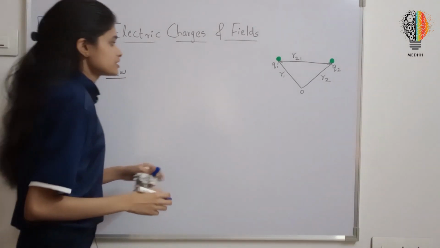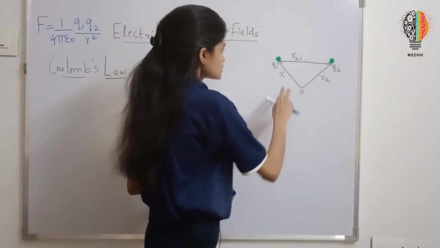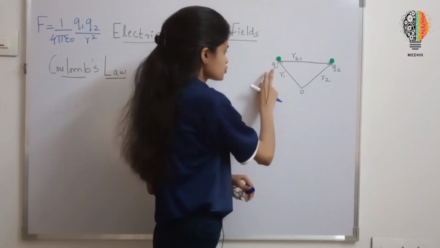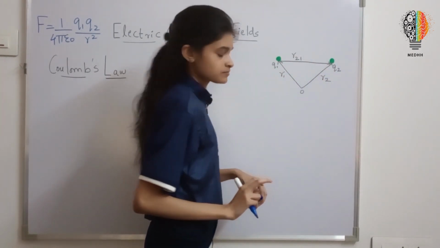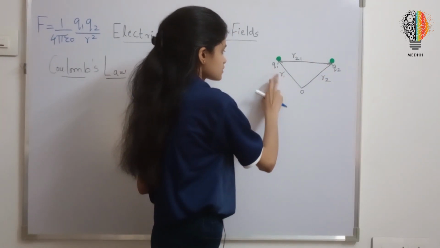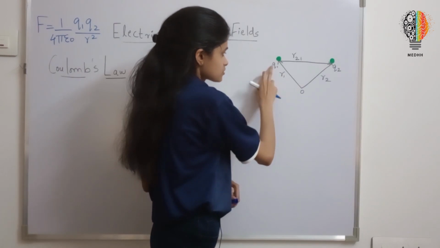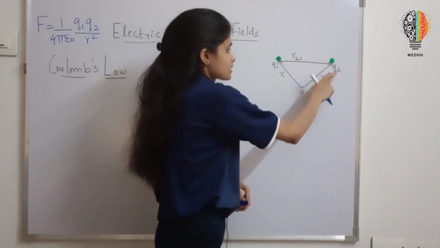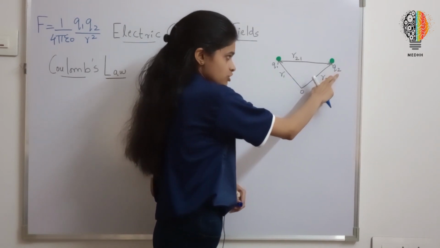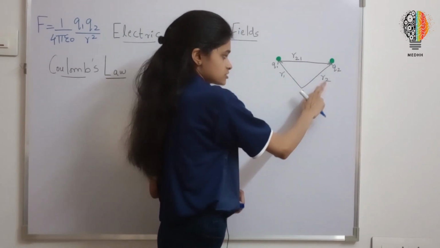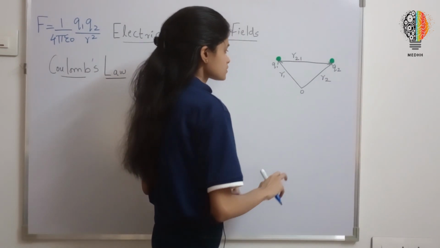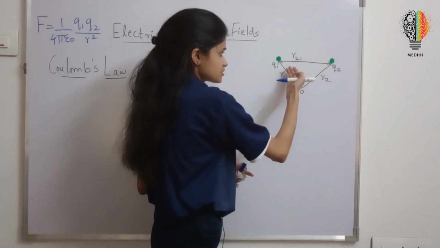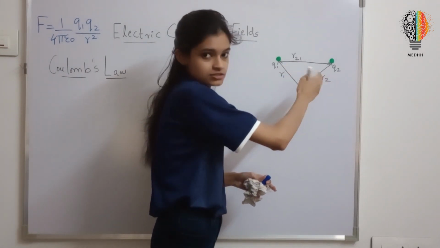So let's look at this diagram. There are 2 point charges q1 and q2, and the position vector of q1 from the origin is r1 and the position vector of charge q2 from the origin is r2. So they are also separated at a distance of r.